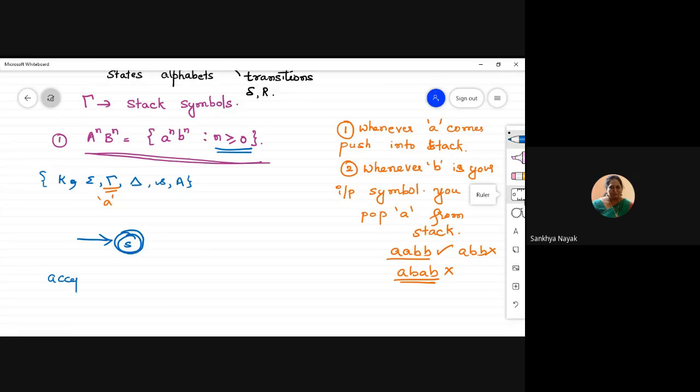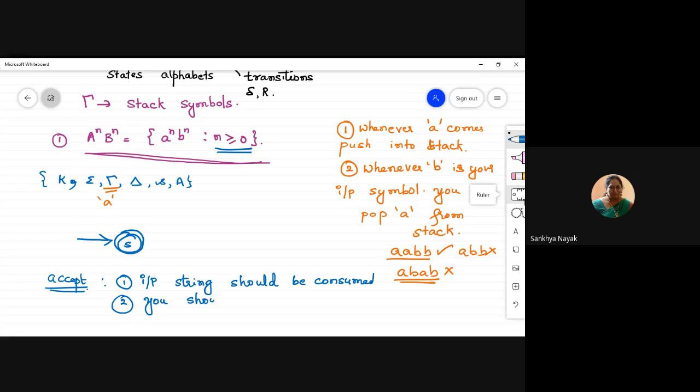So when do we accept a string or a configuration? First thing is the whole input string should be consumed. Consumed means you should see through the entire input string. Then what is the second condition? The second condition is you should be in an accepting state.